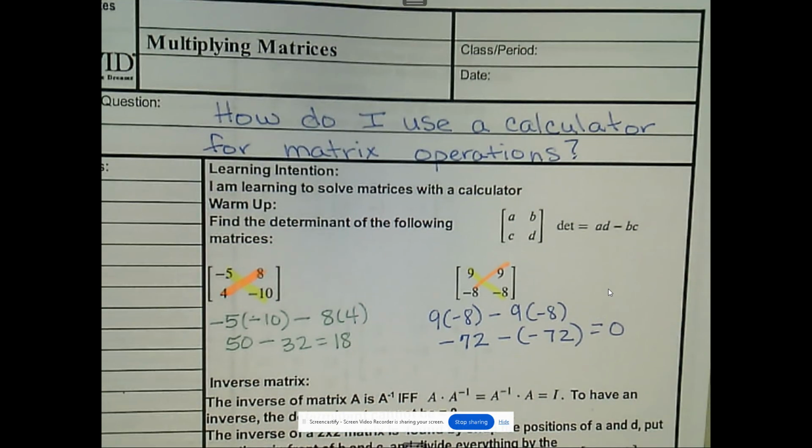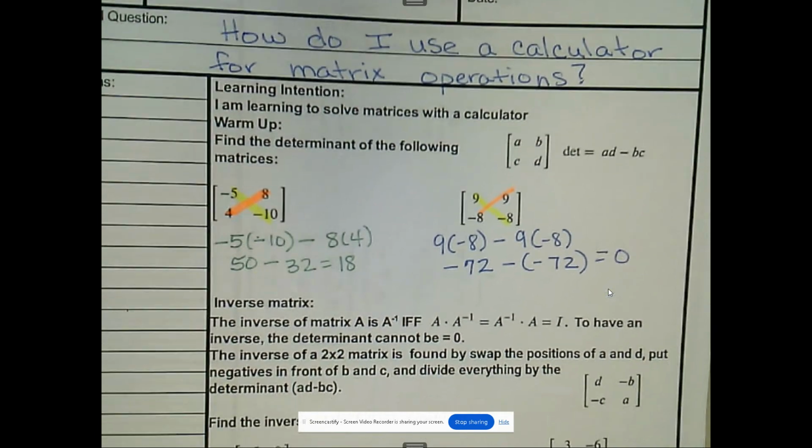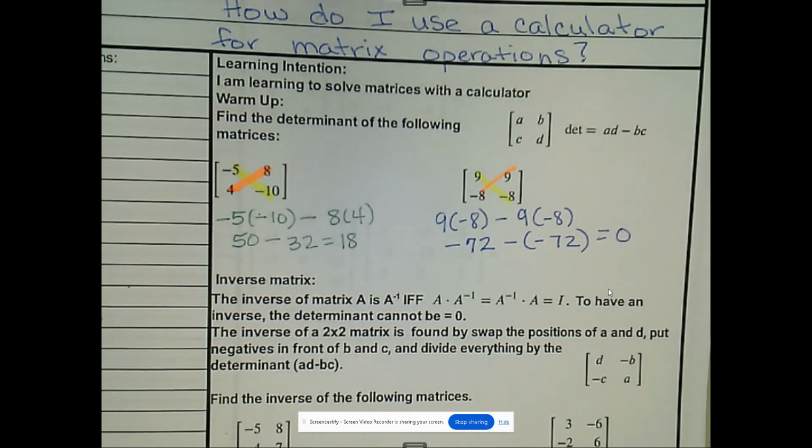So one of the things we need to know about are inverses. The inverse of a matrix A is defined as the matrix A to the -1 power if and only if matrix A times its inverse is equal to its inverse times the matrix A, which is equal to I. I is your identity matrix.